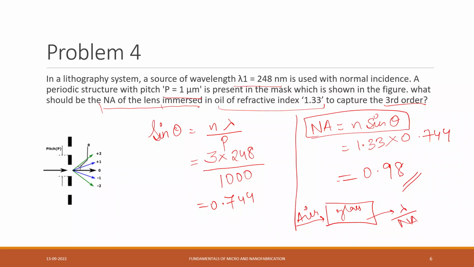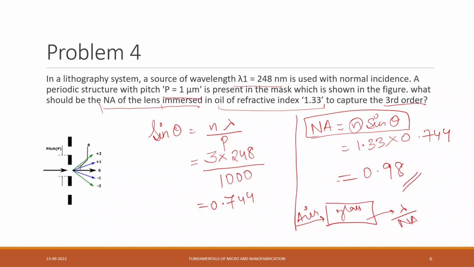When the wavelength changes, the effective wavelength changes. So the acceptance, how to quantify it.